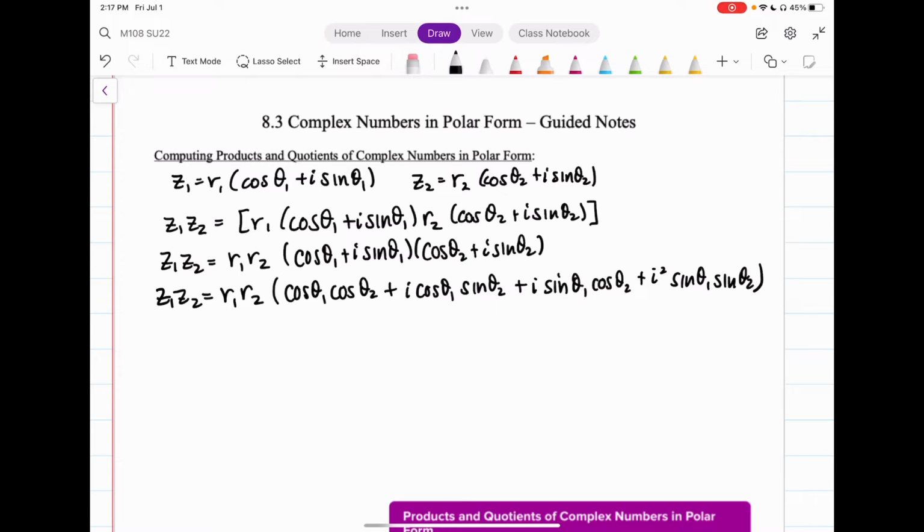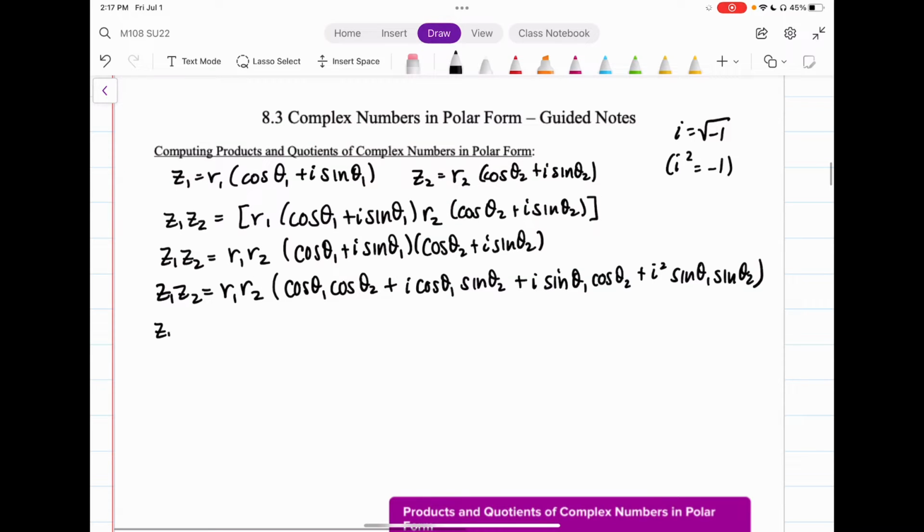i squared is equal to negative 1, because remember, i is defined as the square root of negative 1. So if you square both sides, you get i squared is equal to negative 1. That means we have z1 z2 equals r1 r2, cosine theta 1 cosine theta 2. I'm going to put the sine theta 1 sine theta 2 next with a minus sign, because that i squared is a negative 1.